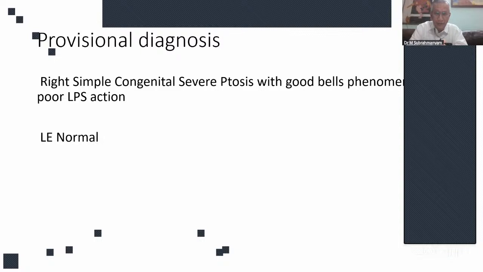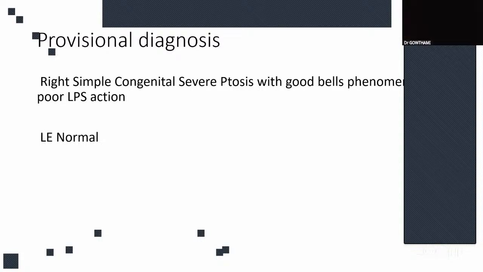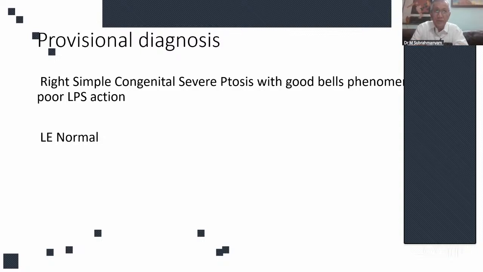But we can also use silicone material or any other nonabsorbable sutures like prolene, Ethibond, but they are not great materials. Okay, sir. Either autologous fascia lata or probably silicone.